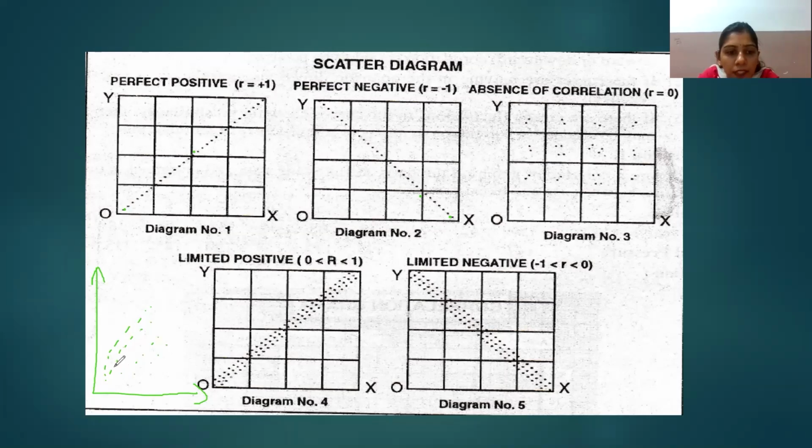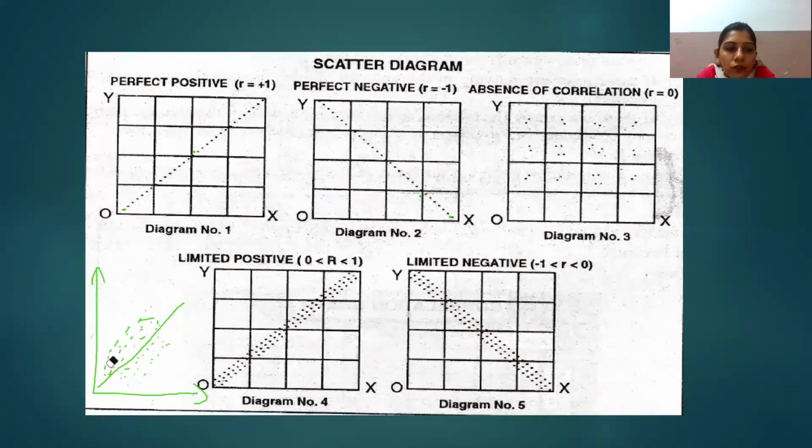When we draw a graph in a straight line, they all are in rising tendency. The plots which are drawn on the graph all are in rising tendency, and they all fall near to the straight line.